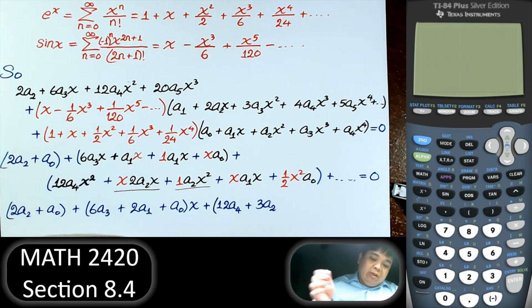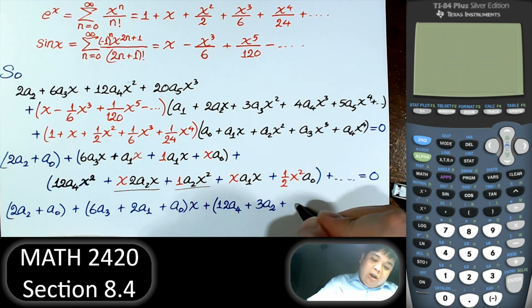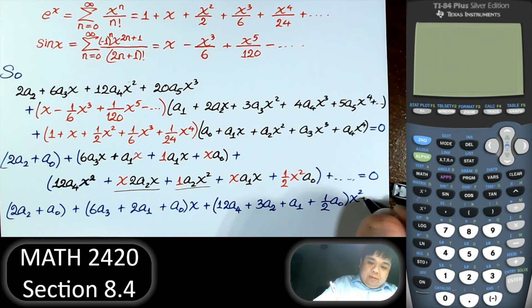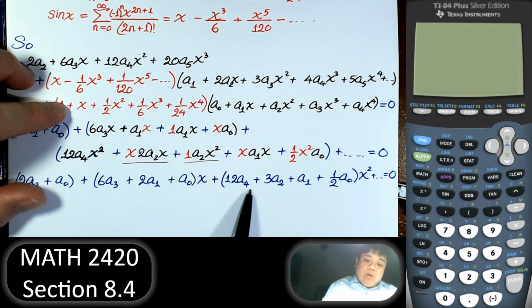Factor out x squared, of course. And then there's 1 a1 and 1/2 a0 of x squared equal to 0. Next, in order to be equal to 0, all the coefficients have to be equal to 0.